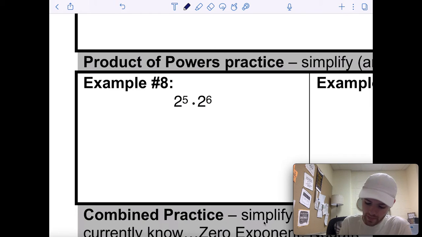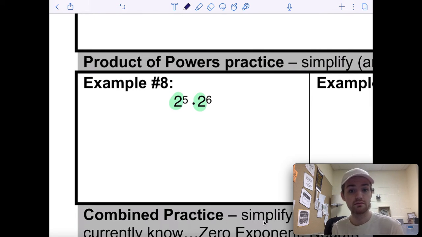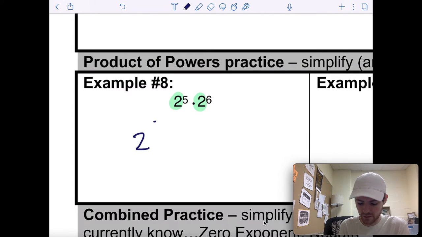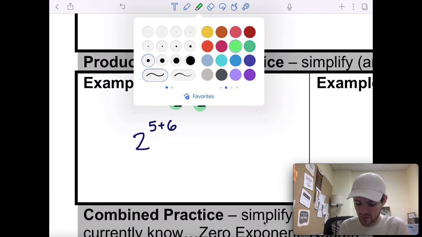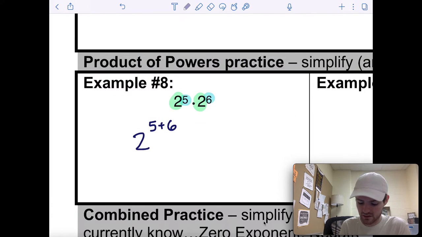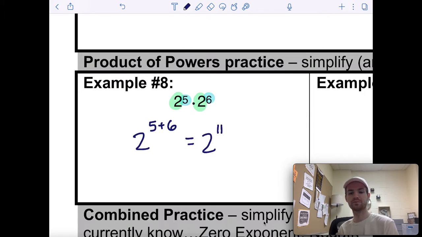Here we go. I see a base 2, I see a base 2. Good, they match. So all I need to do is keep base 2, and add the exponents together. I'm adding 5 plus 6. That's going to give me 2 to the 11th power. I would want you to multiply that out.